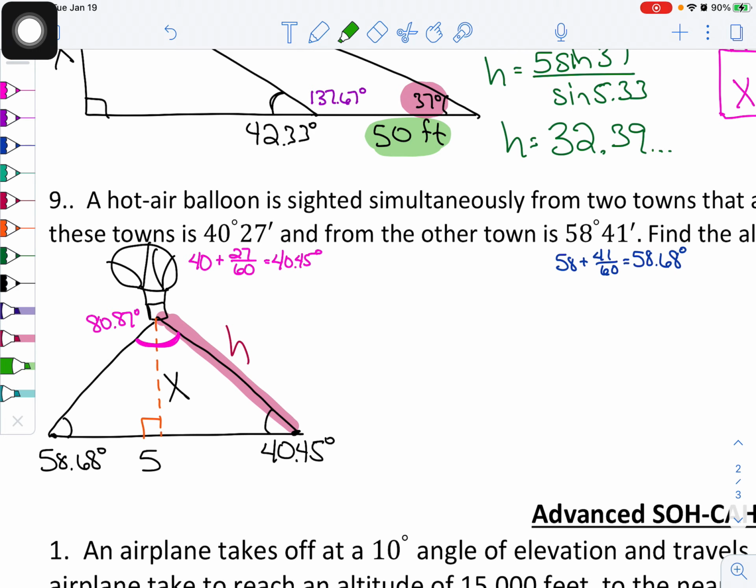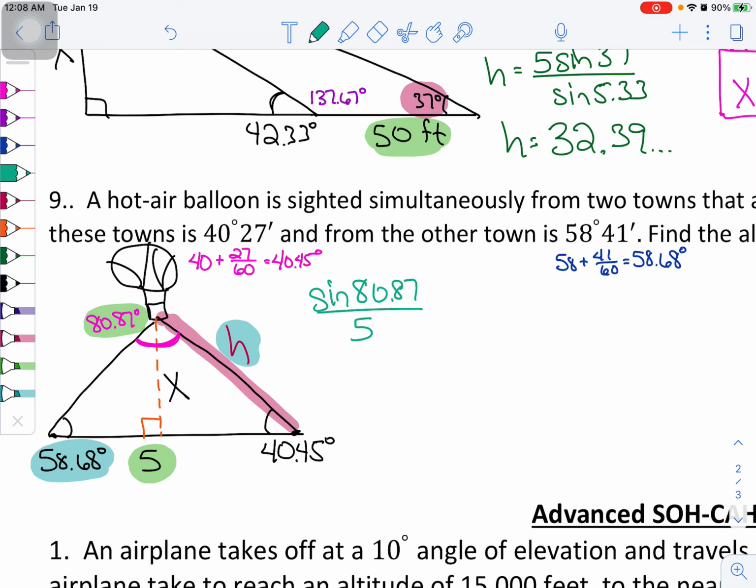Now I can use this angle with its opposite side and this angle with its opposite side, to set up a law of sines. So sine of 80.87 over 5 is equal to the sine of 58.68 over h.